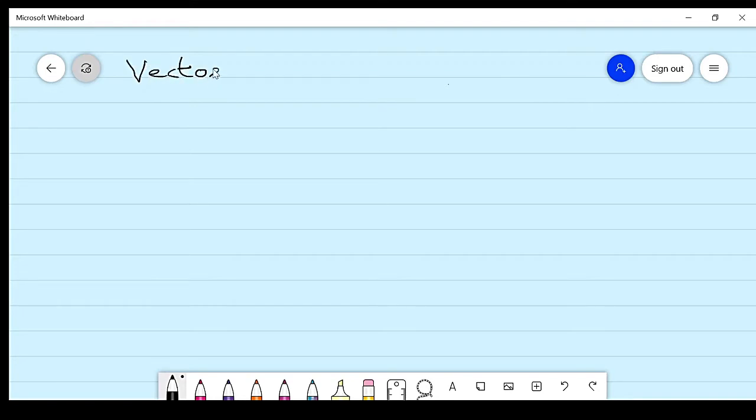So what is a vector space? It is related to vectors, clear? And the second name is called a linear space.